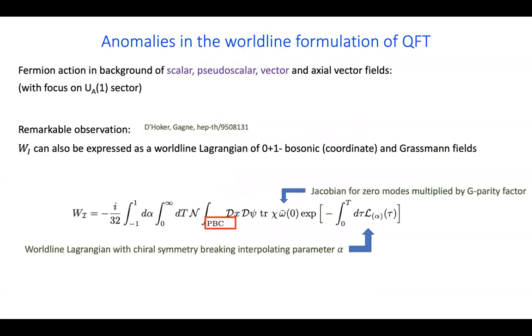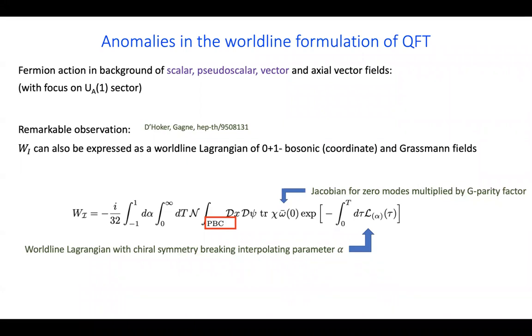Now you can do the same thing remarkably also for the imaginary part of the worldline action. This is a very beautiful result by Venugopalan and Mueller, where they showed that this imaginary part can be expressed as a worldline Lagrangian with these bosonic and Grassmannian fields, where this phase can be written in terms of such a worldline action, exactly analogous to the one for the real case, except there is a parameter here, alpha, which explicitly breaks chiral symmetry for all values between -1 and +1.